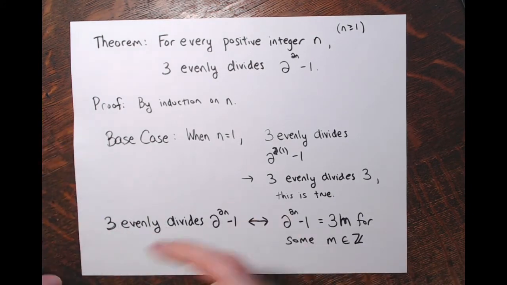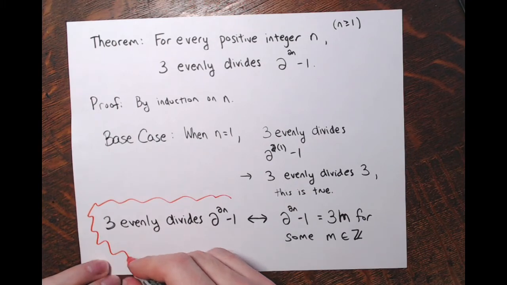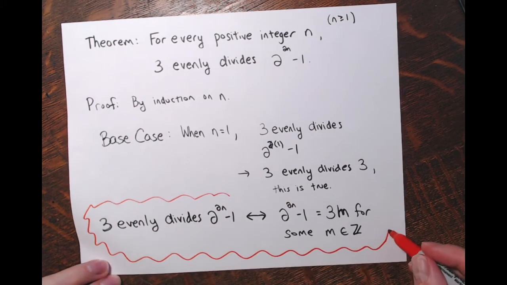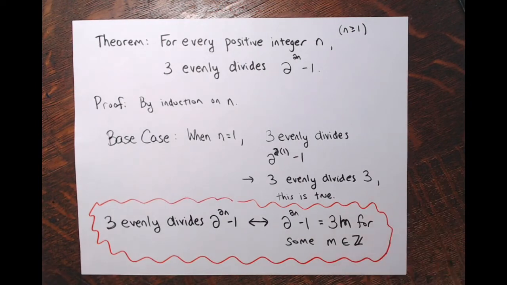So this is a side note. This isn't actually part of the proof. It's just saying an equivalent: what's an equivalent statement to saying that 3 evenly divides something?